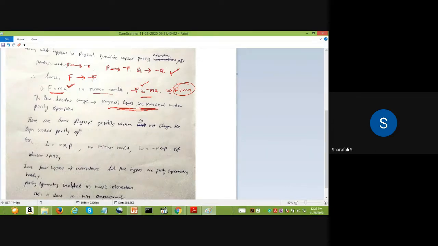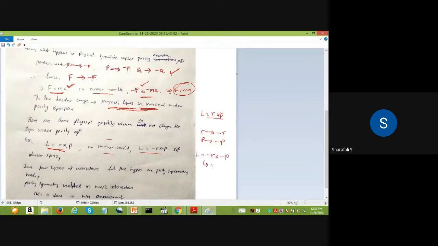Okay, there are some quantities which will not change under parity operation. For example, if you consider the angular momentum, that will give you L equal to minus R cross minus P in the mirror world. Which means that R will change to minus R and P will change to minus P. And L, which is R cross P in the real world, will become minus R cross minus P in the mirror world.